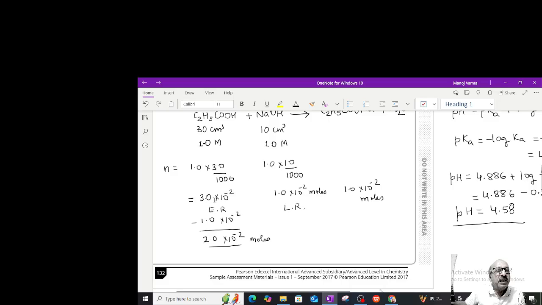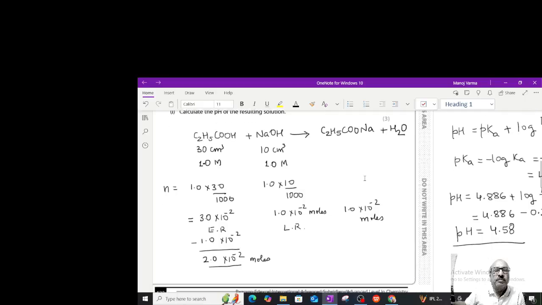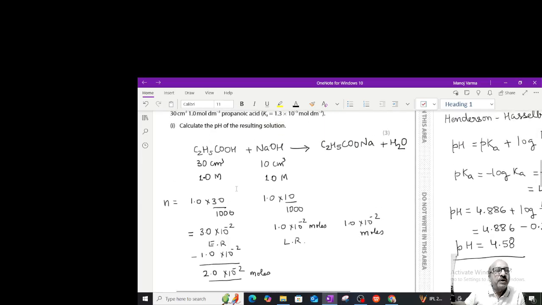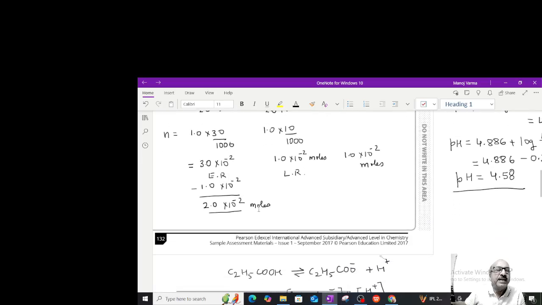So out of 3 × 10^-2 moles, only 1 × 10^-2 moles of the propanoic acid would be able to react, giving you the same amount of sodium propanoate, and 2 × 10^-2 moles of propanoic acid would remain unreacted.